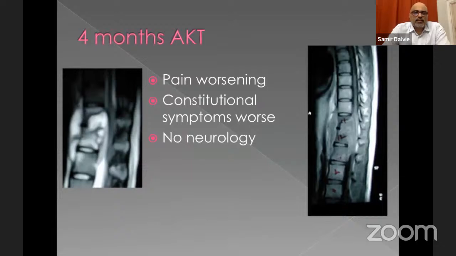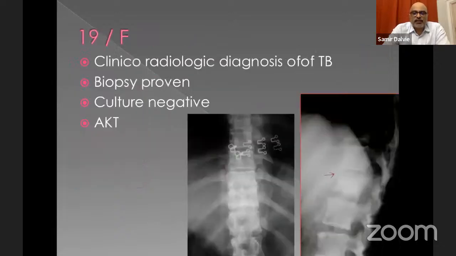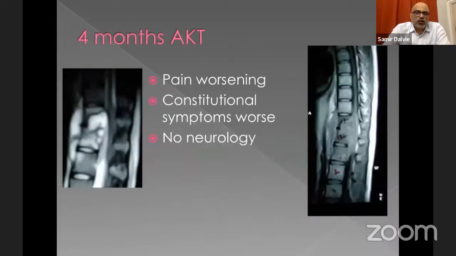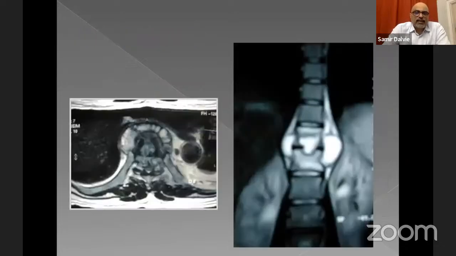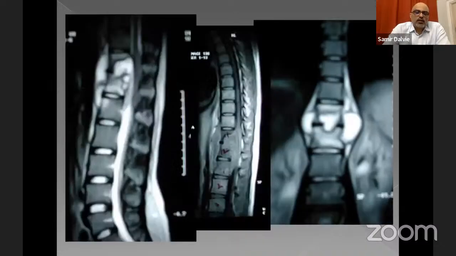This patient had 4 months of AKT. Initially came with a very early lesion, but with 4 months of AKT, continued worsening, constitutional symptoms worse, but no neurological deficit, significant destruction and abscess. So this is a patient where people may say that we can take this patient for surgery, but like I told you, we need to review the diagnosis.